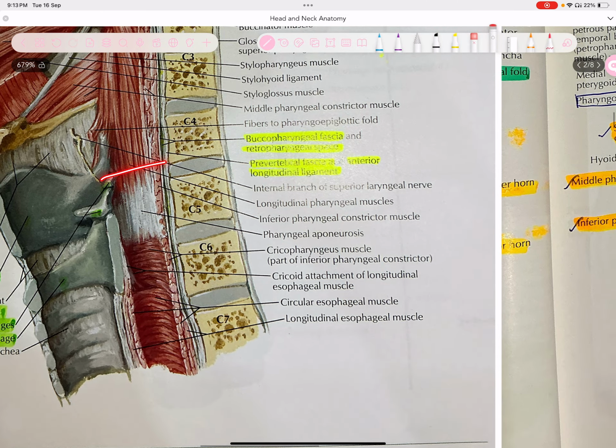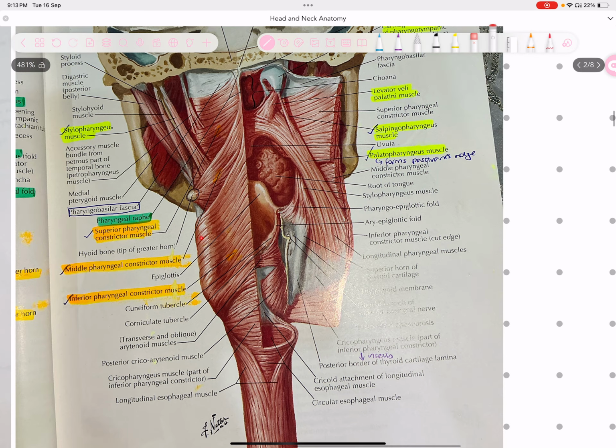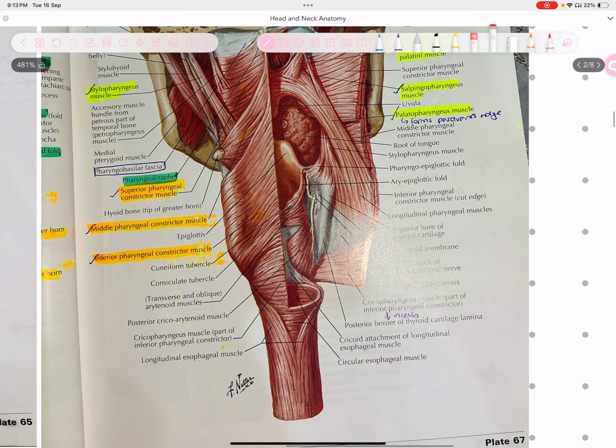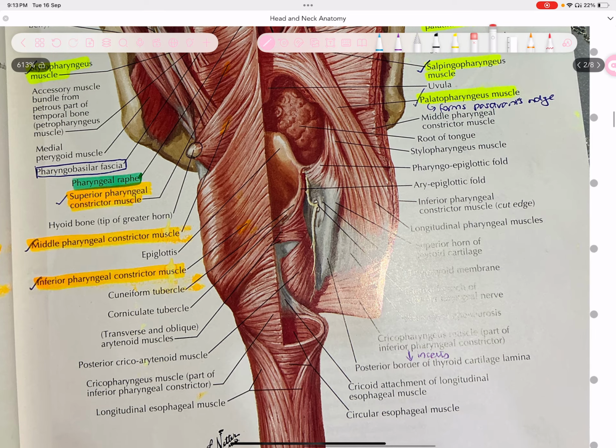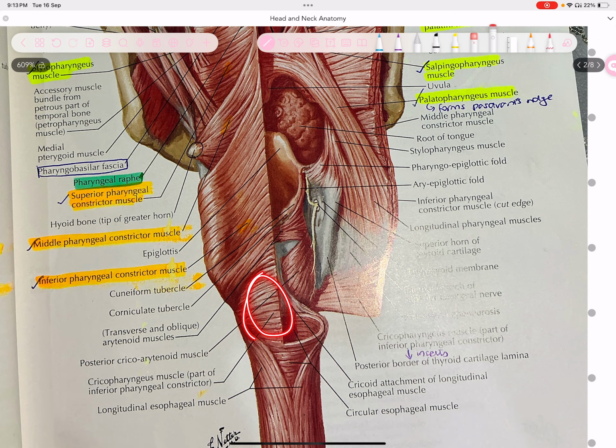It originates from the lamina of the thyroid cartilage, and this also inserts into the pharyngeal raphe. Cricopharyngeus originates from the lowest fibers of the inferior constrictor muscle. They're saying this in the book, but actually it's part of the inferior constrictor muscle, right?